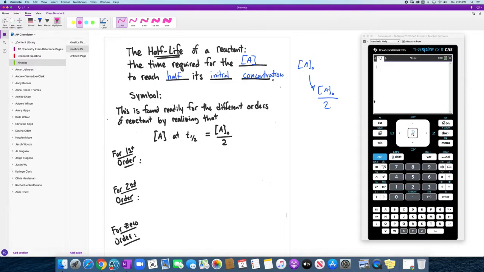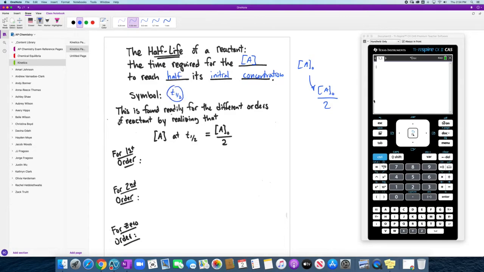But there's a symbol for half-life, and it is T subscript 1/2. Okay, so that represents the amount of time required to reach half the initial concentration. So that has a very specific meaning.